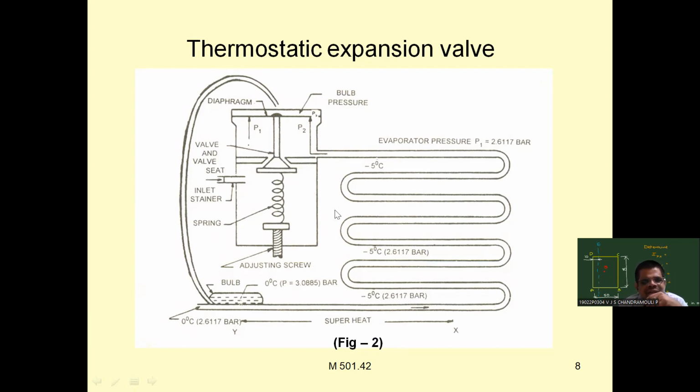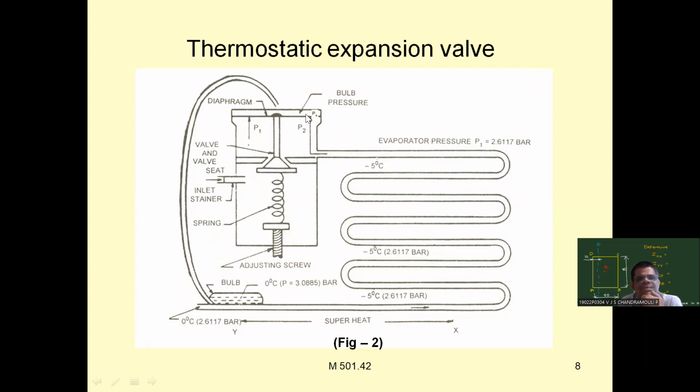See, this entire unit is called the expansion device, and this is the evaporator coil, and there is a valve in it. And there is a diaphragm also. See, this is called the diaphragm. Fortunately, the diaphragm is shown here, at the top, and in different textbooks it is shown differently.